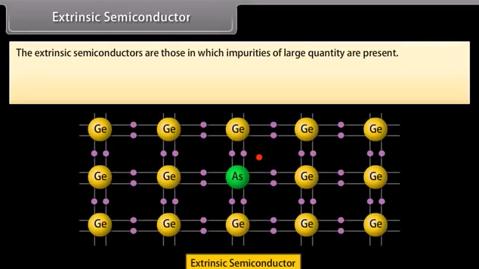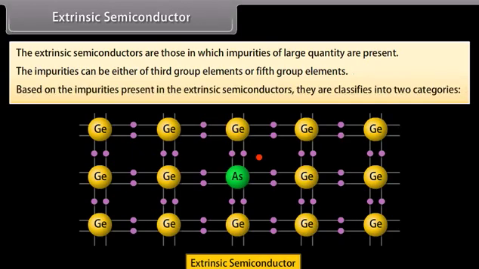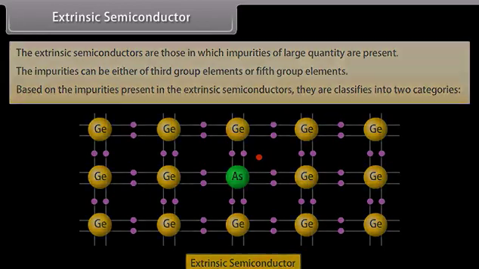Extrinsic semiconductor. Extrinsic semiconductors are those in which impurities of large quantity are present. The impurities can be either third group elements or fifth group elements. Based on the impurities present, they are classified into 2 categories.